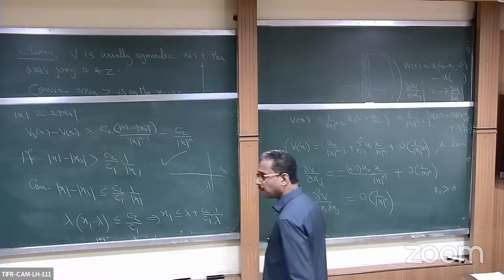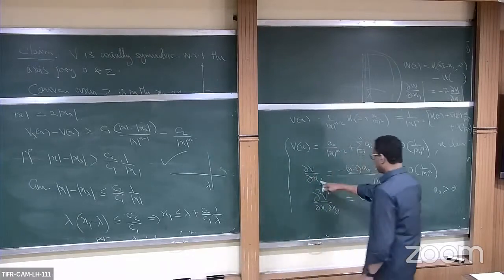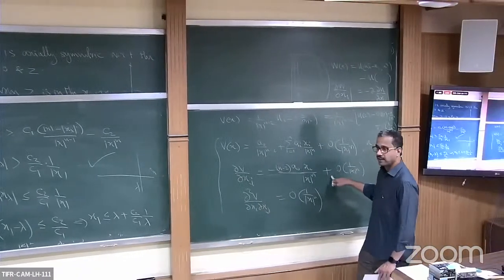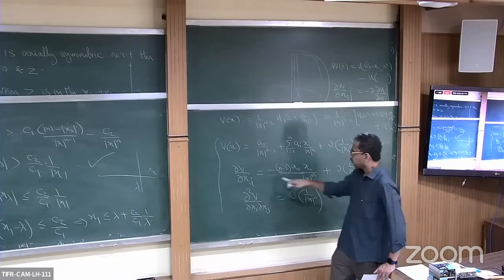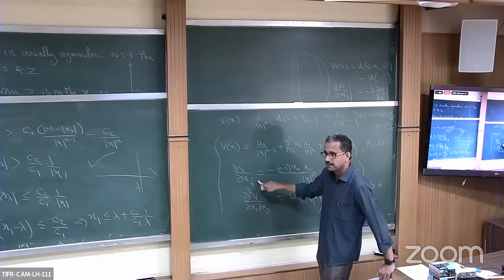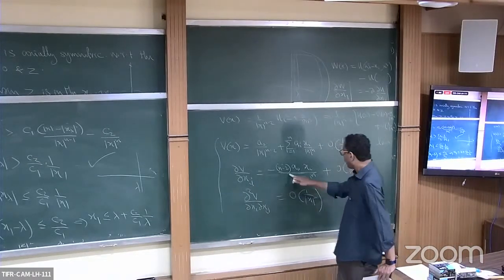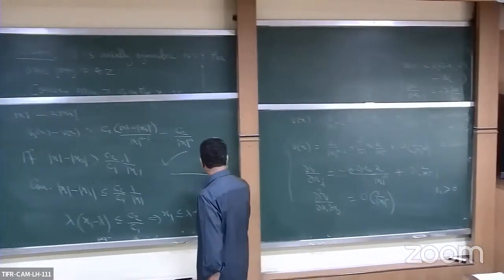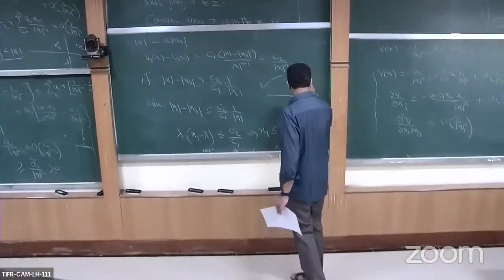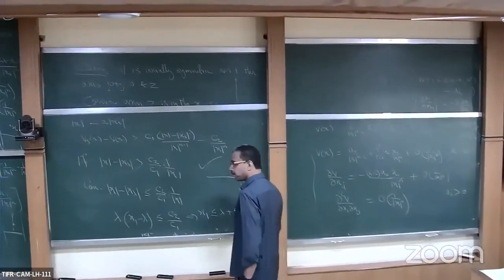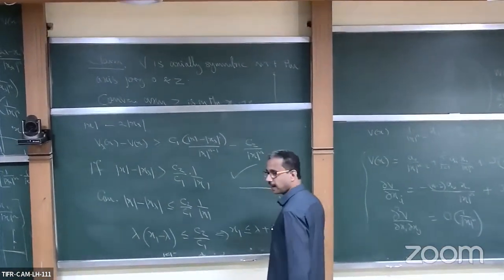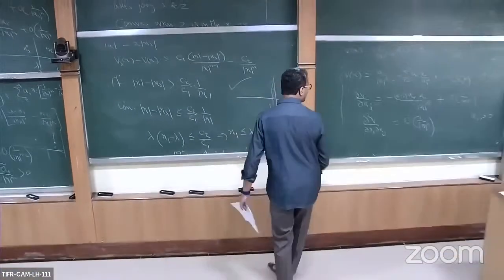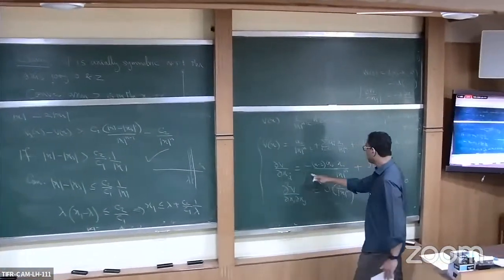So now the crucial observation is that I have a different expression here. So dv by dx1, I have this expression. So I have an explicit expression here. Now you see, when lambda is small, I am in a very small region, lambda plus a constant by 1 by lambda. So in this region, you can actually check this dv by dx1.